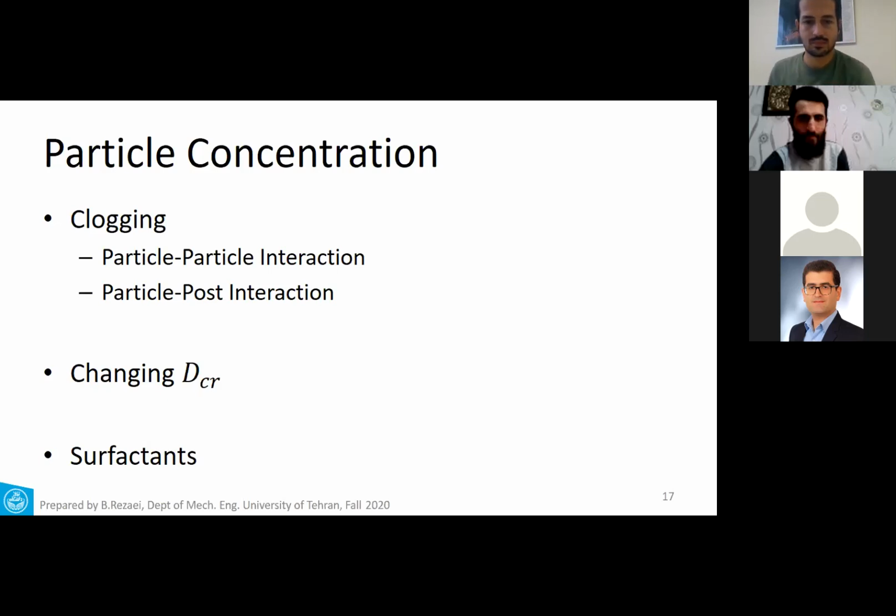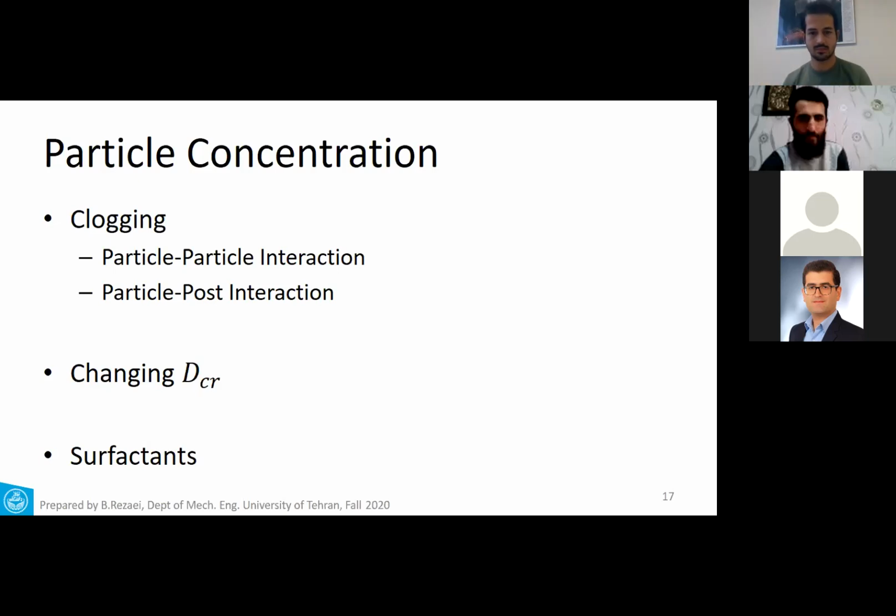When the concentration of the solution increases, meaning there are a lot of cells in the fluid, the cells don't have the chance to interact with the post, and they cannot follow a deterministic path. When we say deterministic, we mean we are sure about the path of the particles.